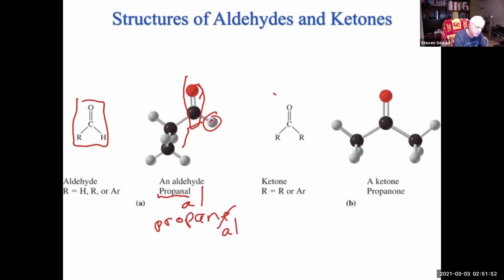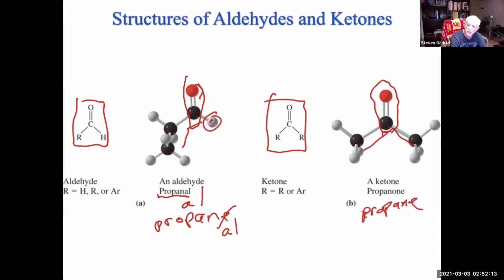This is our ketone. Again, there are 3 carbons. There's the carbonyl group in the center, and there's an R group attached on each side. For a ketone, it's an ONE ending. So it's propane again, 3 carbons, all single bonds between the carbons.